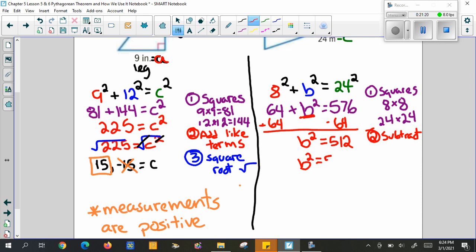which takes me to one more step, and that is to now evaluate and find B. To do that, we are going to take the square root.